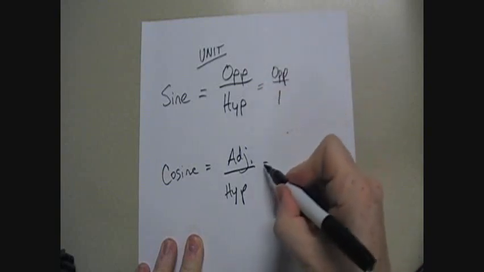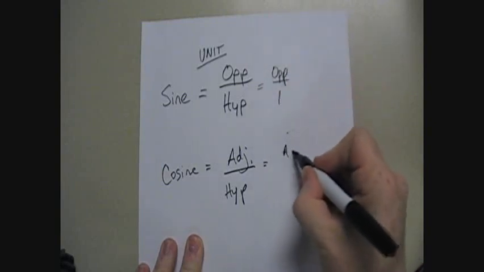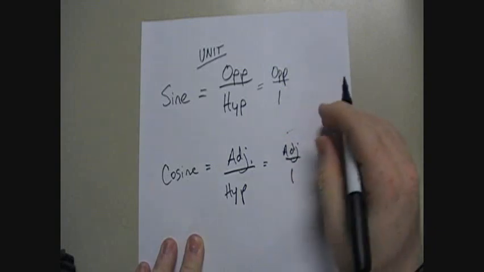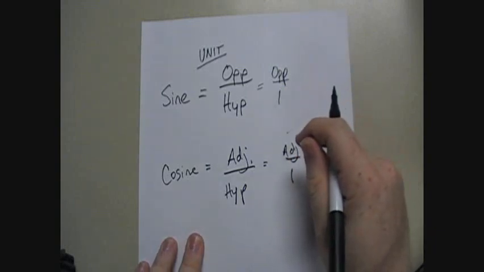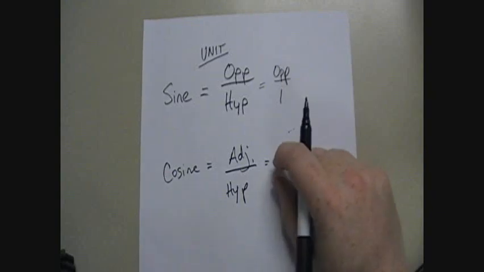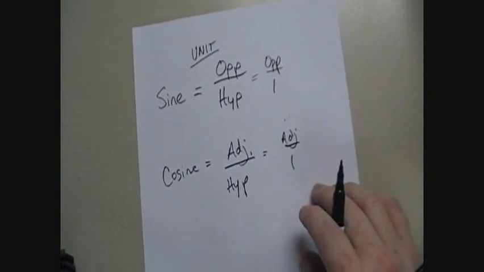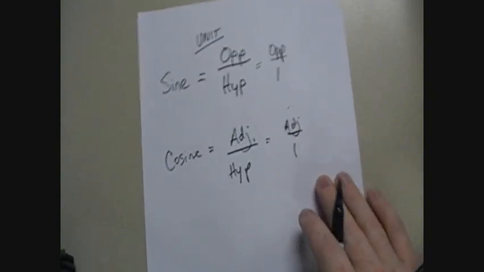It really just becomes what's the opposite, and cosine becomes what's the adjacent, because it's just divided by 1. And that's going to help us quite a bit as we go around this circle.